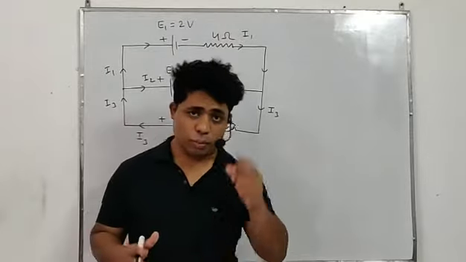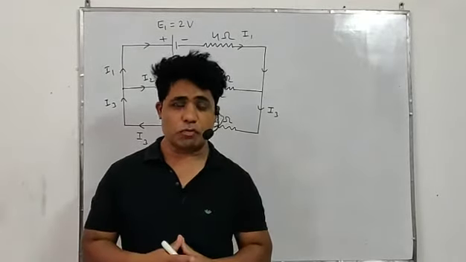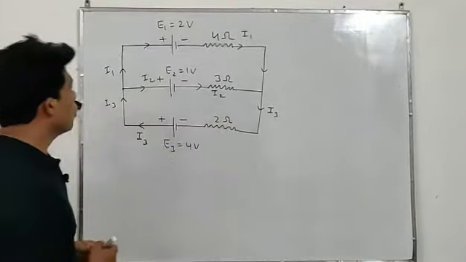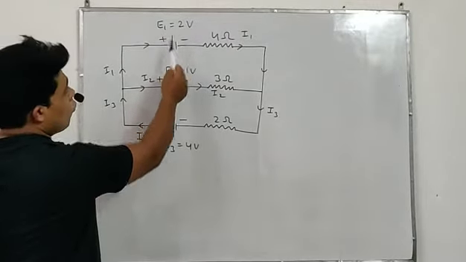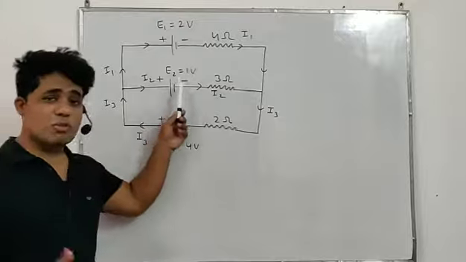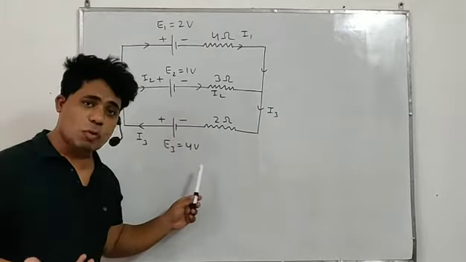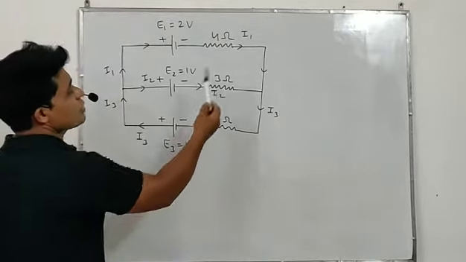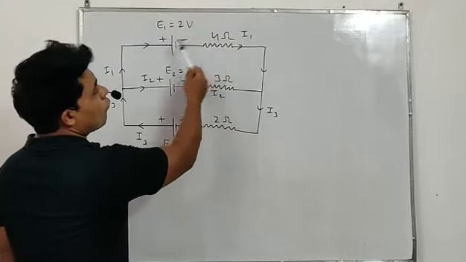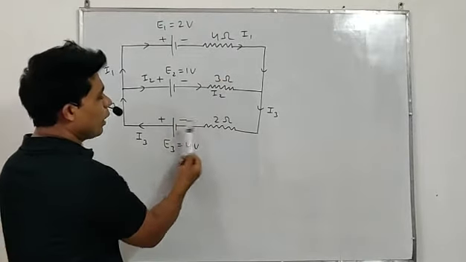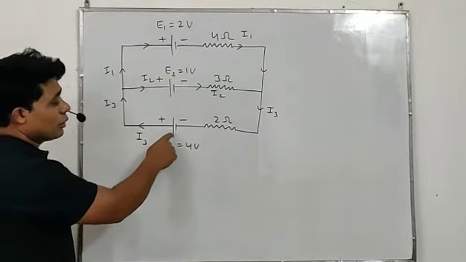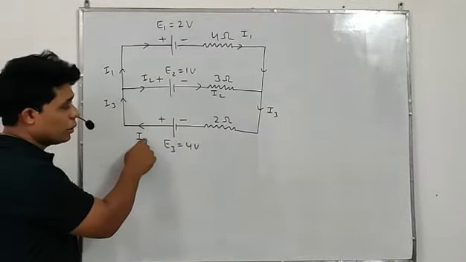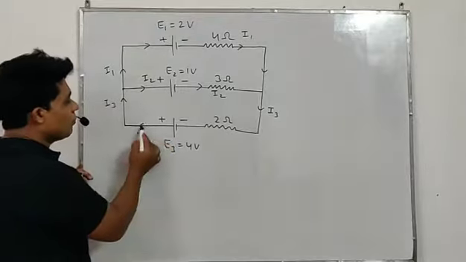Now students, I'm going to explain a numerical based on Kirchhoff's law. A basic question. Look, we are given a circuit having cell E1 as 2 volt, E2 as 1 volt, and E3 as 4 volt. And we are given the corresponding resistances 4 ohm, 3 ohm, and 2 ohm. E3 provides current I3.